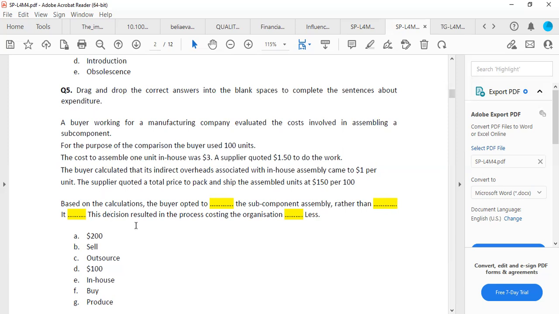Okay, so based on the calculations, the buyer opted to sell, outsource, in-house, buy, produce the subcomponent assembly rather than dash it in-house.